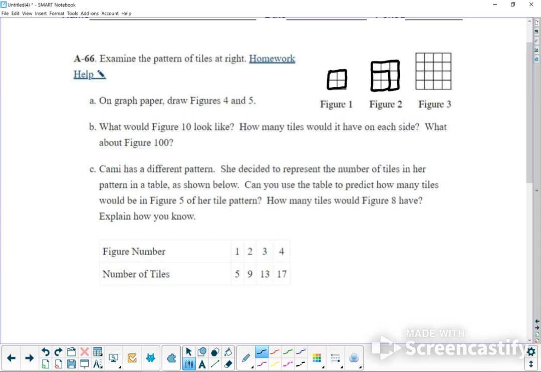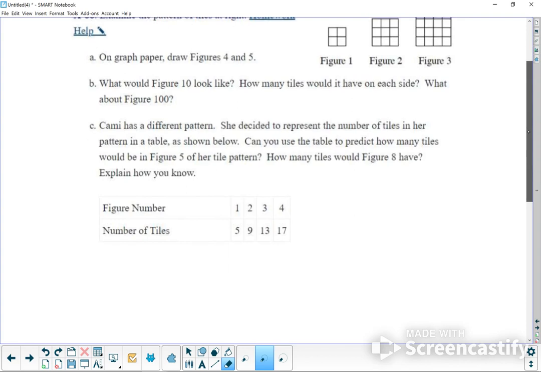And the figure 3 has the same as figure 2, except it now has a layering on the outside, okay, or like an L shape. So I think I got that. So figure 4 is going to look like figure 3.